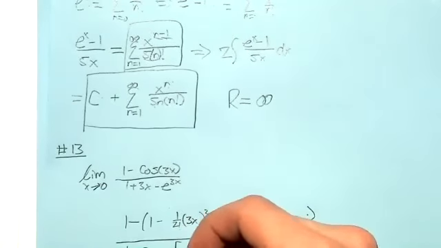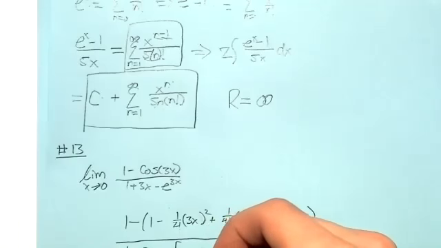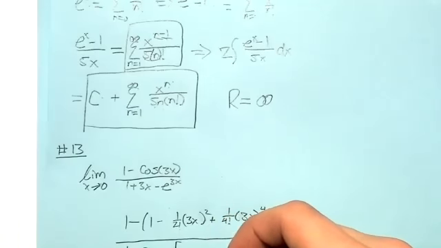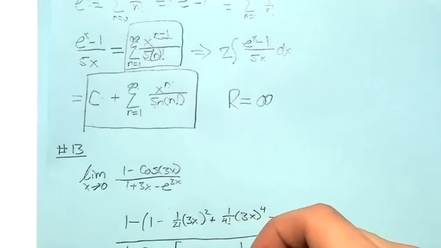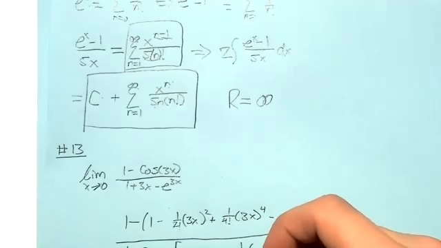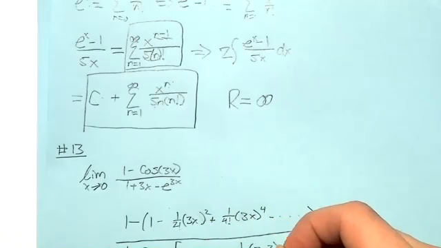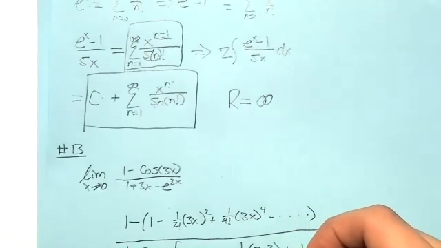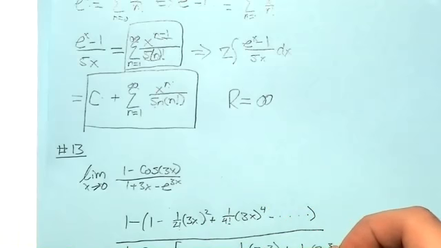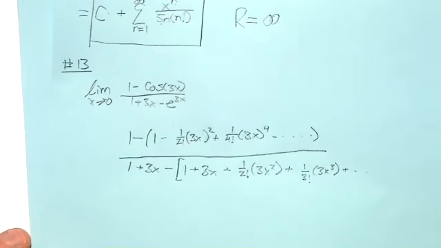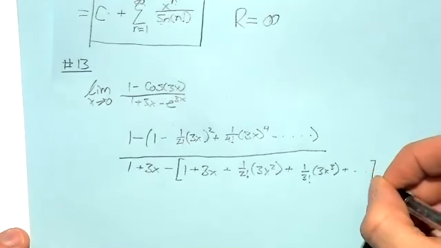So we're going to have minus 1 plus 3x plus 1 over 2 factorial times 3x squared plus 1 over 3 factorial times 3x cubed plus, and I'm getting off the screen again, plus all the way.